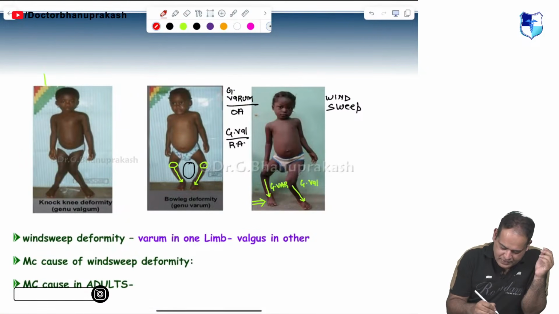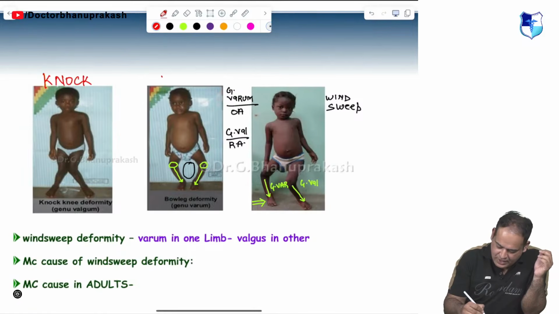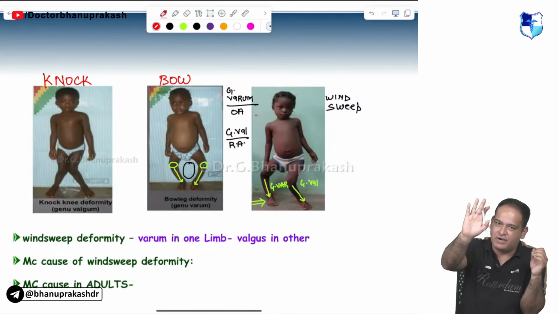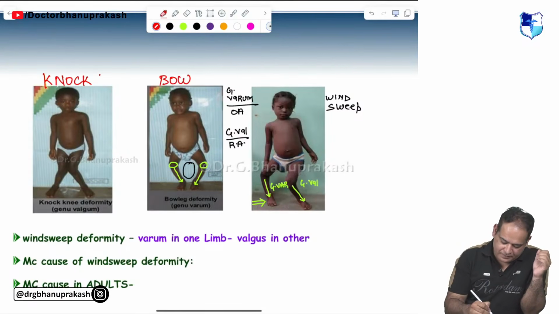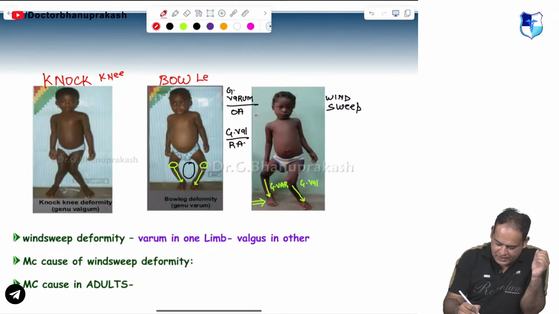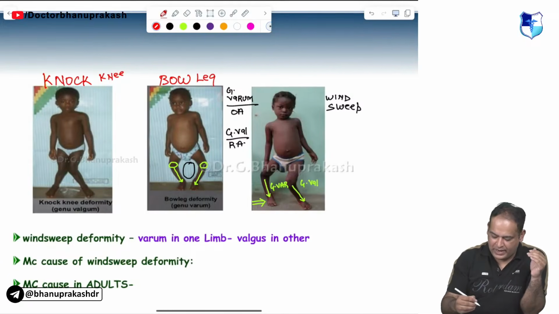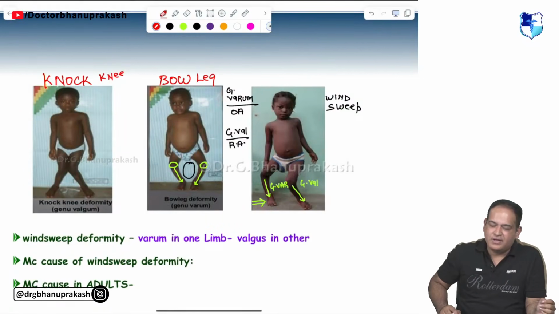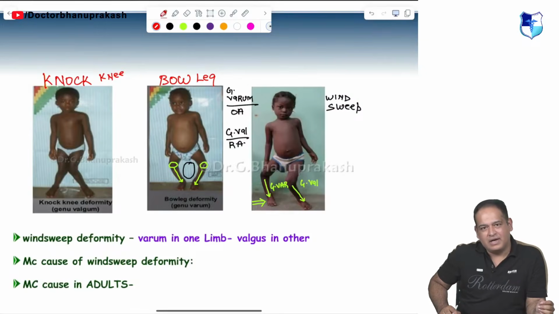Really sorry. So this is knock knee, and this one is bow leg. Now I also have knock knee. Fine. So genu varum is called bow leg and genu valgum is called knock knee.